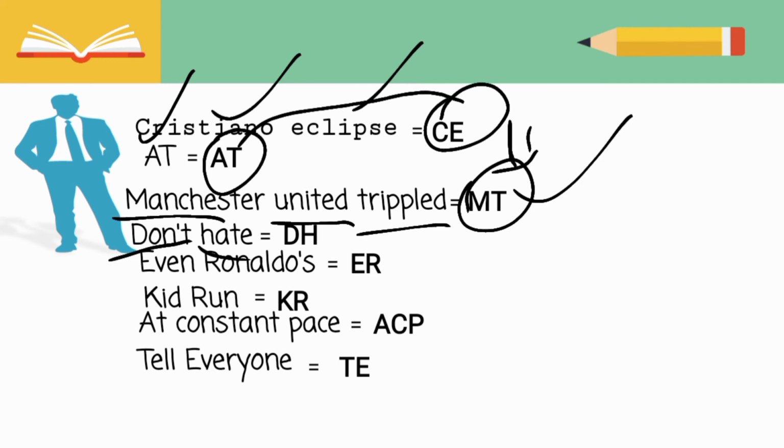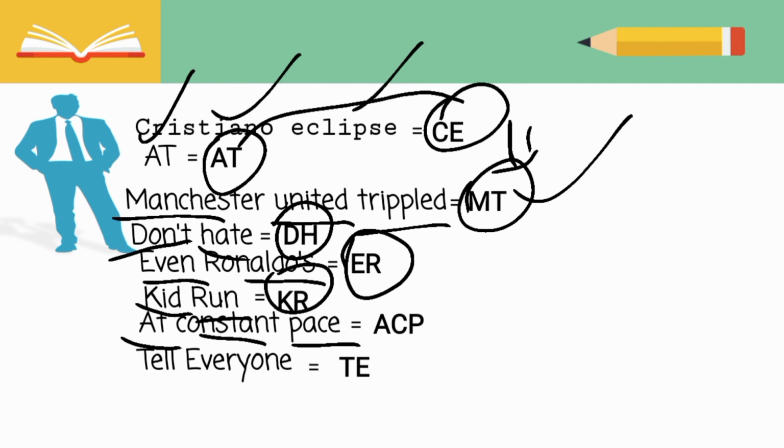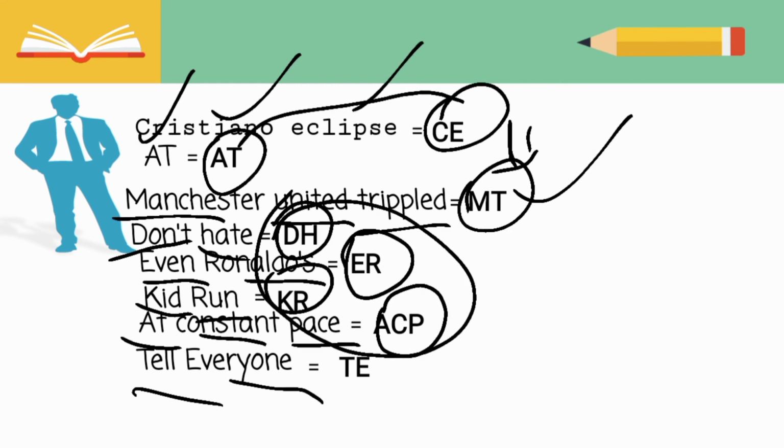Then you have Don't Hate the Additives, Even Ronaldo's for enoyl reductase, Kid Run for ketoacyl reductase, and the remaining one, At Constant Pace, which is acyl carrier protein. The whole of this gives you the reducing unit. Then Tell Everyone for thioesterase, which gives you the releasing unit.